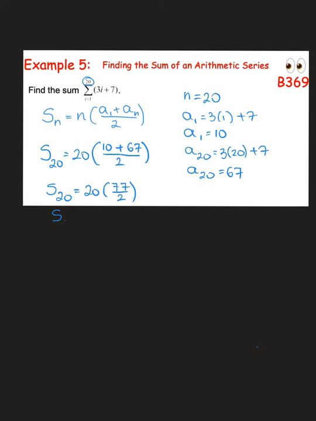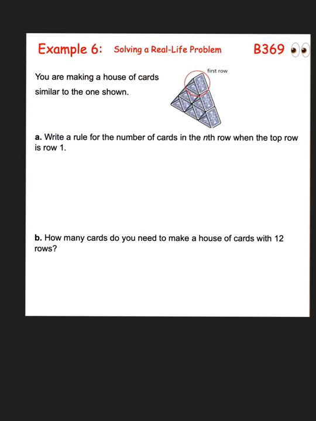Again, I simplify by 2 first, so it's going to be 10 times 77. So the sum of the first 20 terms is 770.